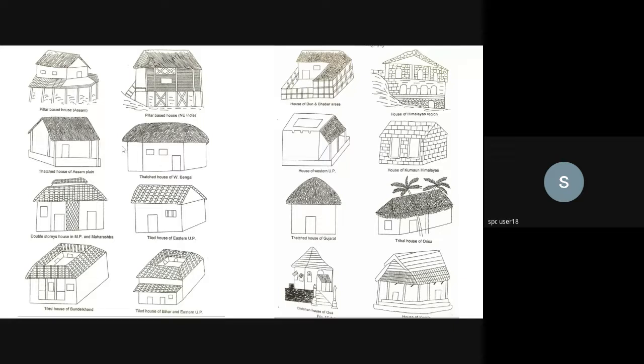You'll see that railway stations in India, except for a heritage railway station or a hill station railway station, 90% of the railway stations look so very similar. If you take away the nameplate of that particular railway station and put up four photographs, people would find it very difficult to tell which railway station it is.